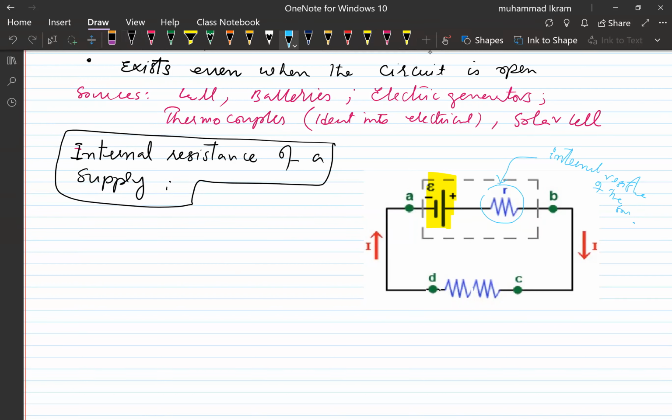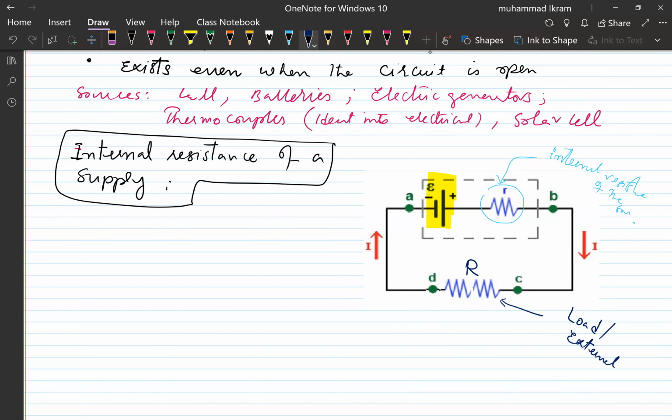Okay, this is the load resistance R. Load is the external resistance.